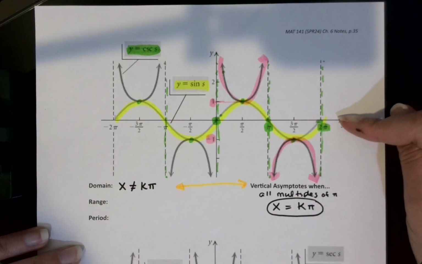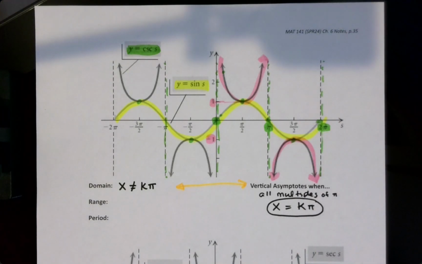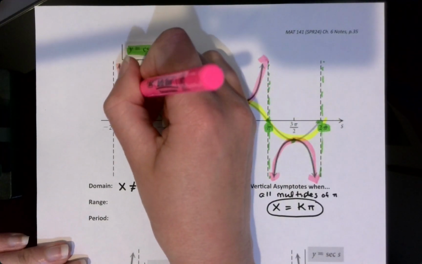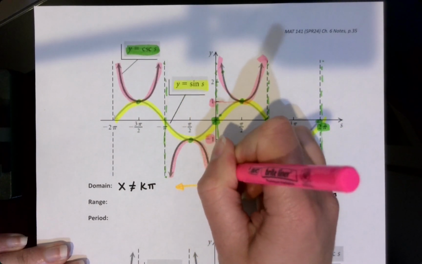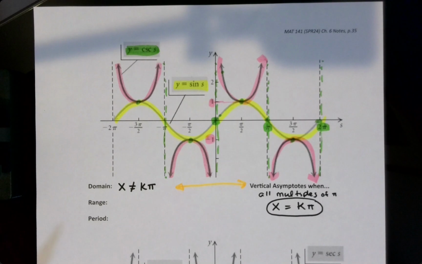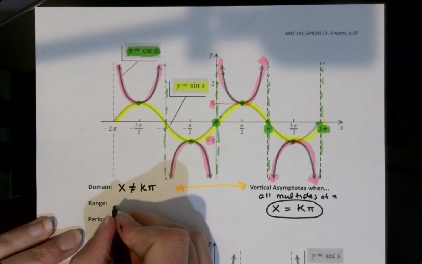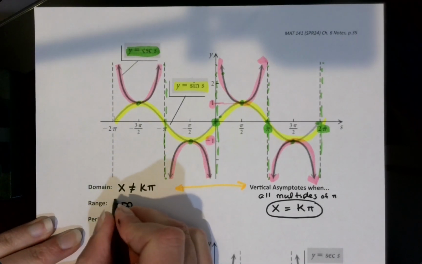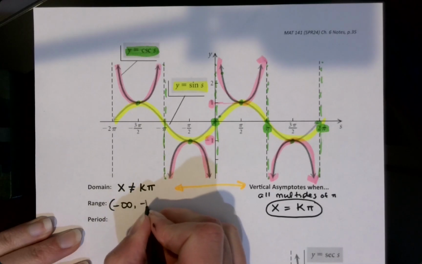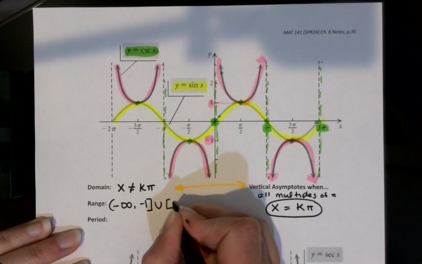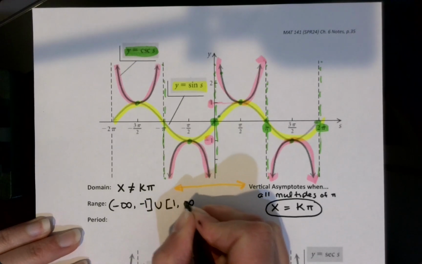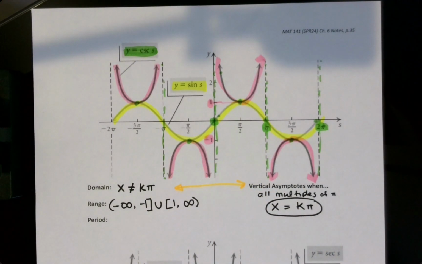The sine function's in that space, but the cosecant function is not in that space, right? So the cosecant function is strictly above 1 and below -1. So for the range, we're going to be allowed to have anything that goes from negative infinity up to -1. And then we're going to have anything that goes from 1 up to infinity. That's going to be the range of the cosecant function.